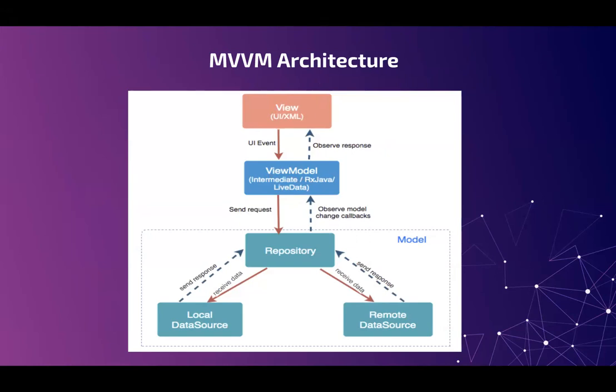So what will happen in here? The MVVM architecture has a good, distinct layering system that will eliminate a lot of the errors that we will find within our application.